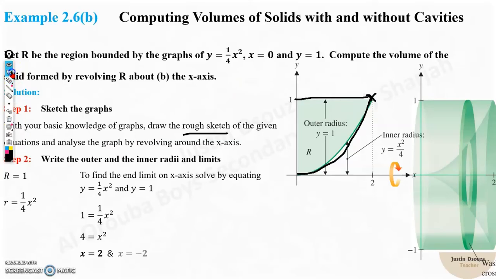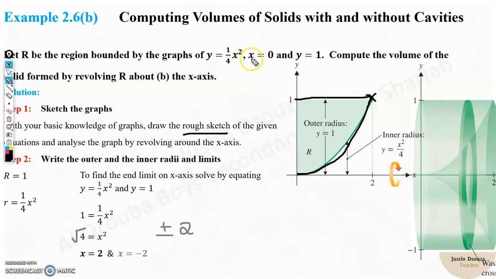So at the intersecting point, quarter x square equals 1. When you solve it, take 4 to the other side, you get x square equals 4. Whenever you take the square root, remember it is plus or minus, so it is plus or minus 2. Now look at the graph.